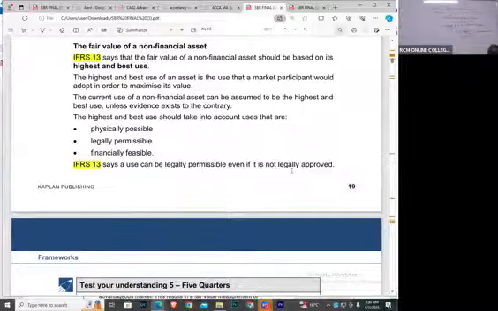Even if it was a restricted area, I can now say that if my neighbor got this approval, I can also get this approval. So what is the best use? Should I sell this land or should I build on it? If I build on it, I'm going to get cash flows from my rental property. So the best use perhaps could be that, or selling the land. Very important for us to appreciate this.